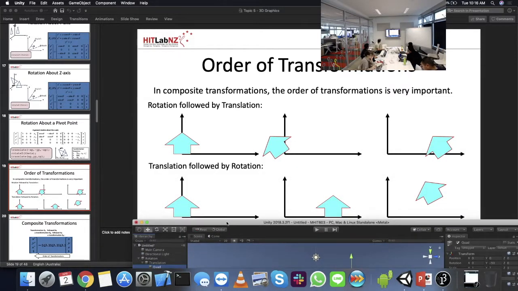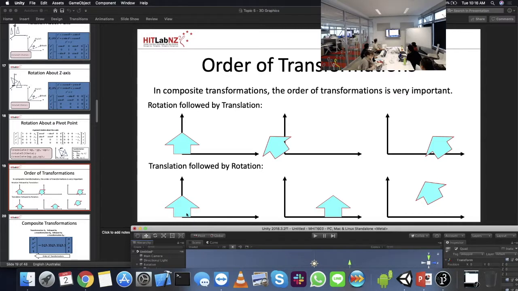And because of the way the scene graph is set up, it's actually given us closer to this bottom result. In this one, what's been said to have happened is we move out and then we rotate around this point here. But in Unity, what's actually happened is it's rotated the arrow first, so our first operation went from this arrow facing in its Z direction this way, and then we've rotated it by 30 degrees.